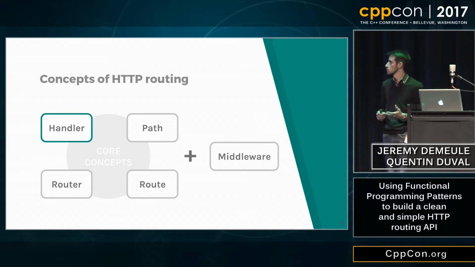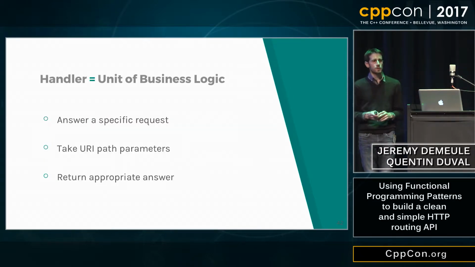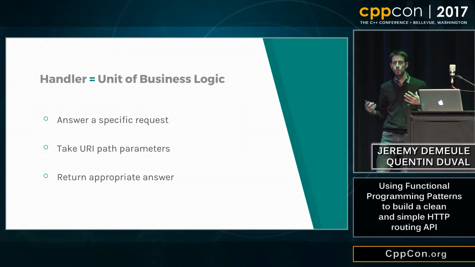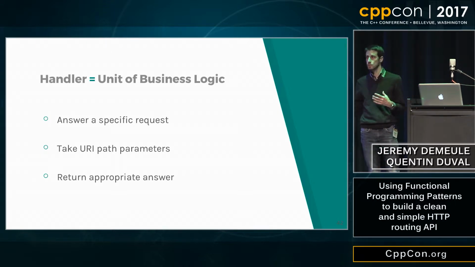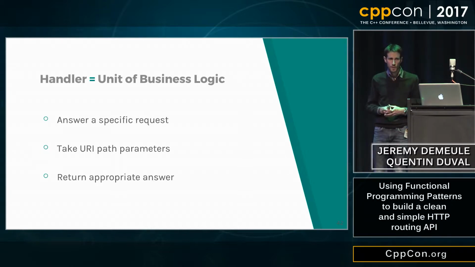Let's start with the simplest one, the handlers. The handler is here to make the glue between the outside world, the HTTP world, and the business logic. It has to, for a specific request, take parameters from the URI and return the appropriate answer.